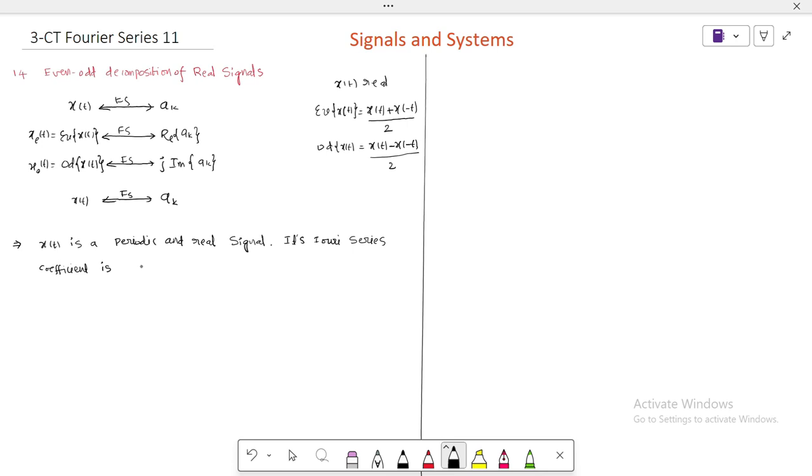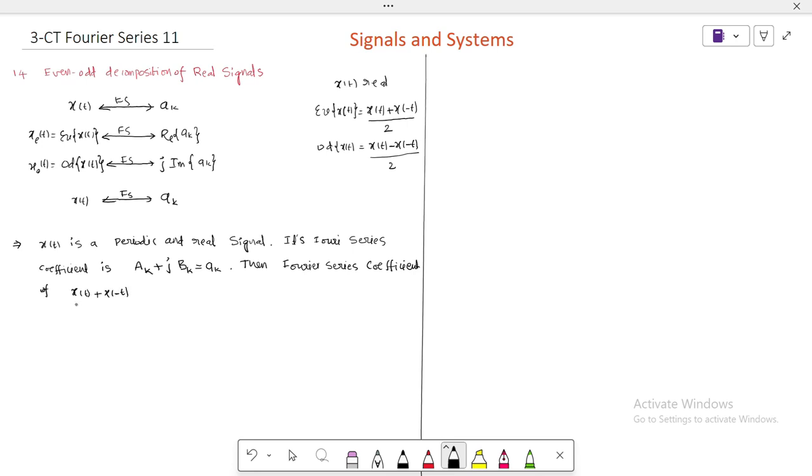Then what is the Fourier series coefficient of x of t plus x of minus t by 2? We know that x of t plus x of minus t by 2 is the even part of x of t.